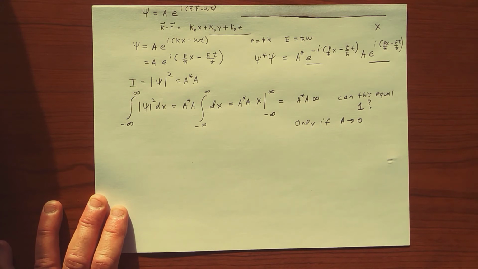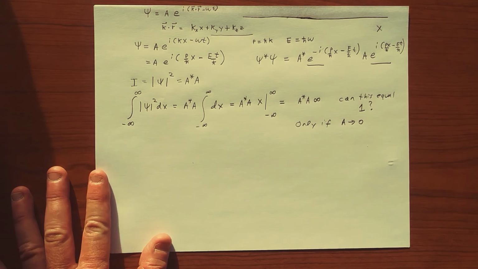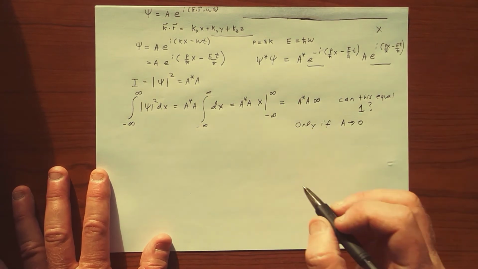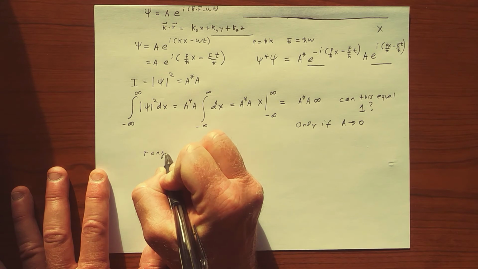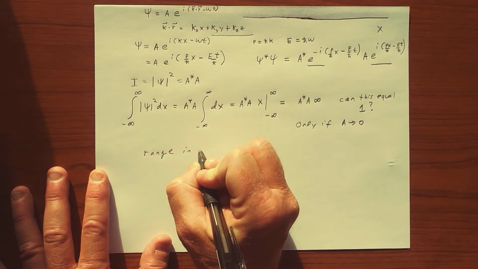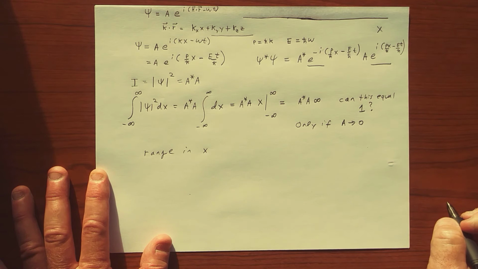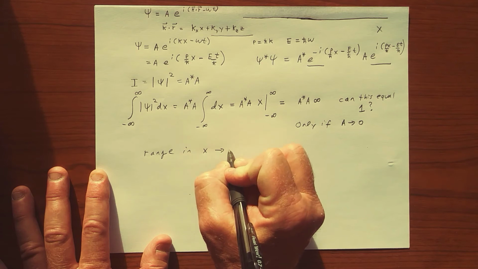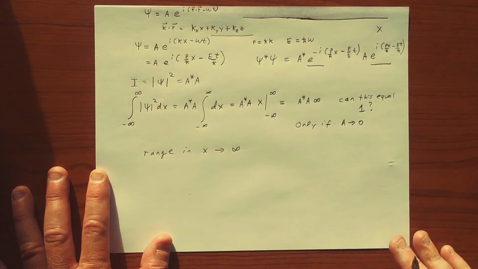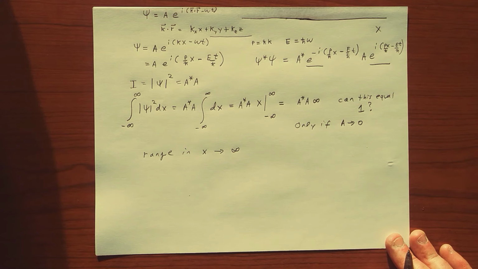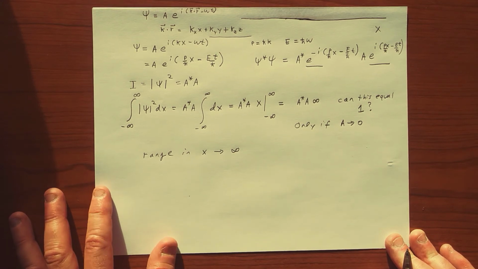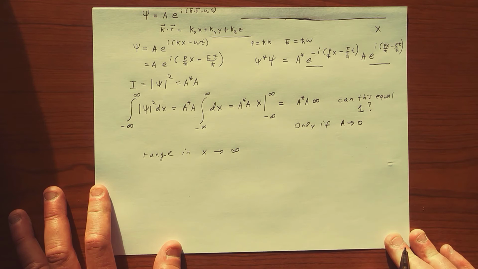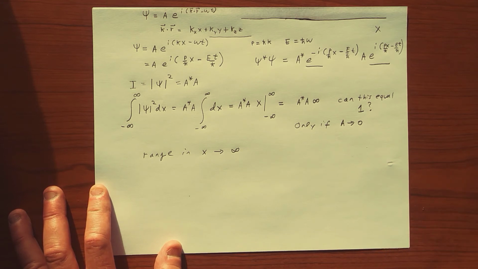Okay, so this is really the beginning of understanding the uncertainty principle, right? So if we think about the range in the x values that are possible here, it goes to infinity. If we can expect to find the particle anywhere between minus infinity and plus infinity, then the range of possible values of x that we could obtain is going to infinity.